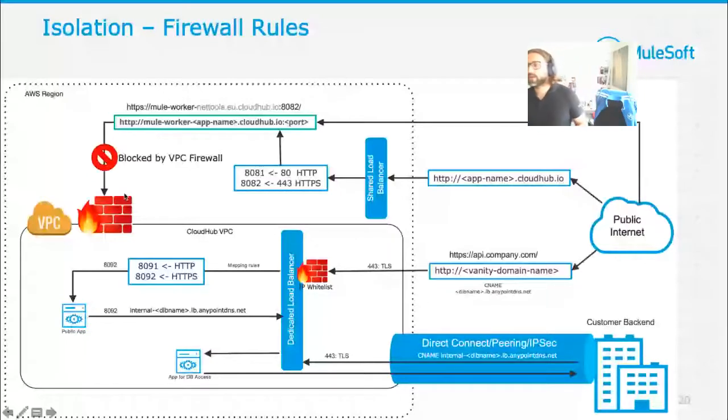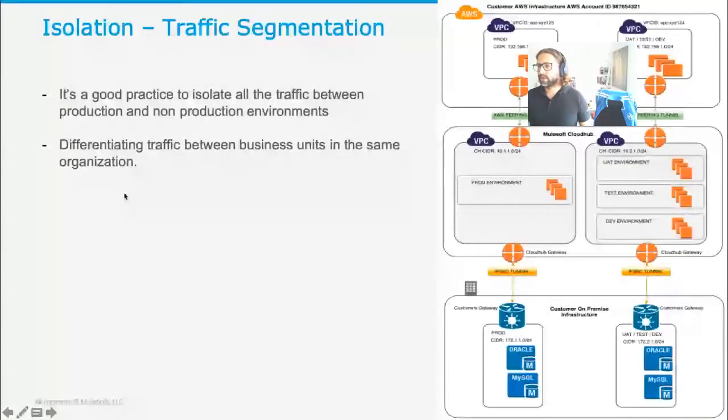In other cases, you will have different types of traffic in your applications. So for example, it's a very good practice to segregate the traffic between production and non-production environments so that you don't have any test or non-production application getting access to production data.